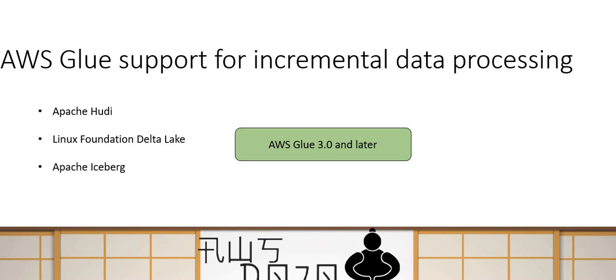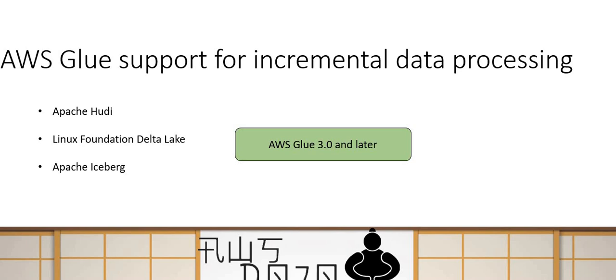So we all know that Glue supports incremental data processing, and in that support, it supports three frameworks. Other than Apache Iceberg tables, it also supports Apache Hudi. It also supports Linux Foundation Delta Lake. So all three are incremental data processing frameworks, and they are all supported by Glue.